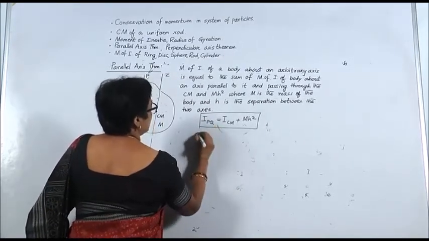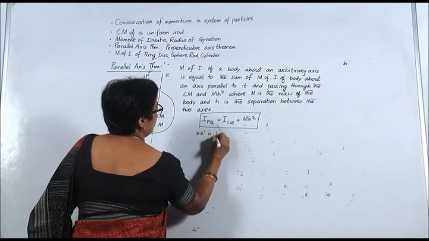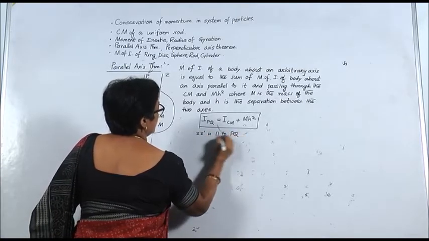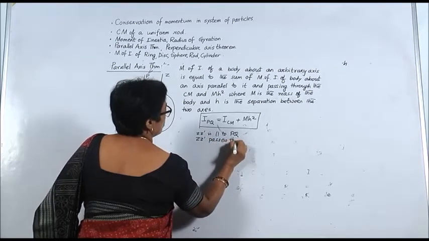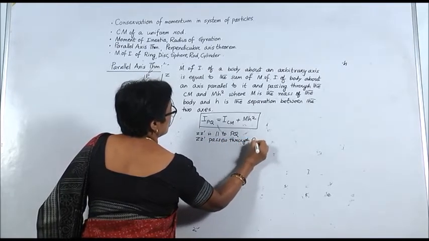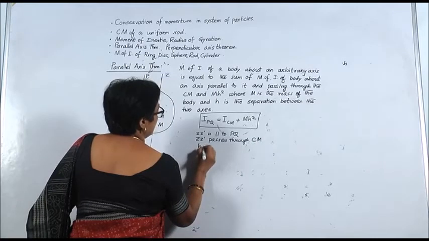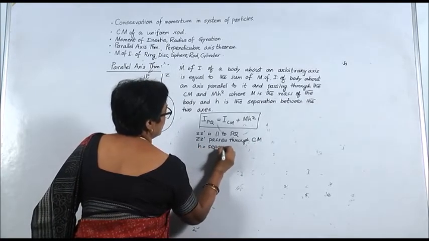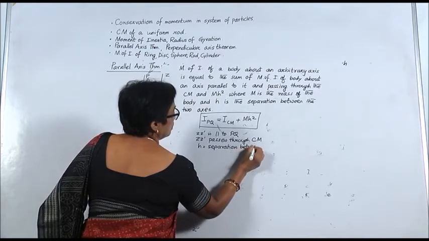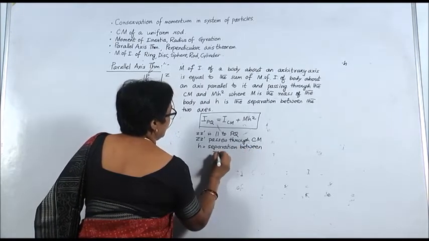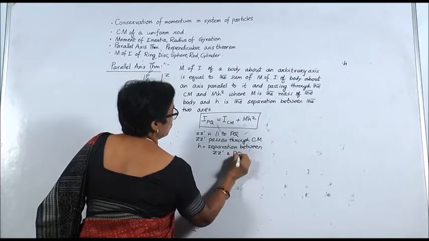Here my z z dash is parallel to PQ, z z dash passes through the center of mass, and h is the perpendicular distance, the separation between z z dash and PQ.